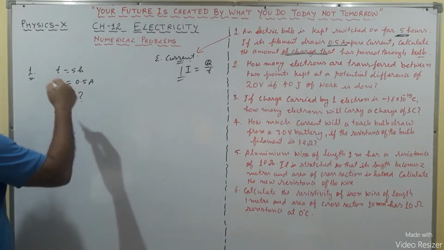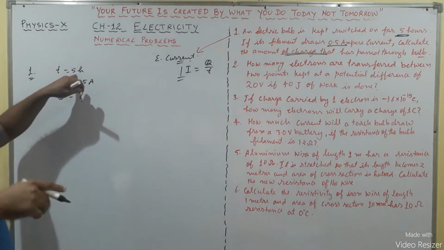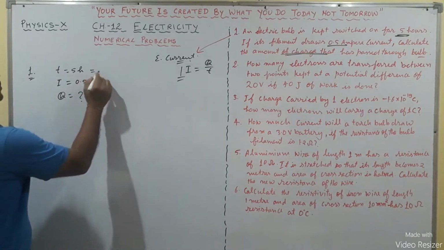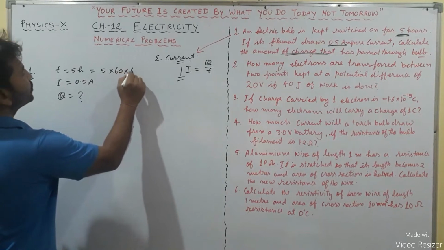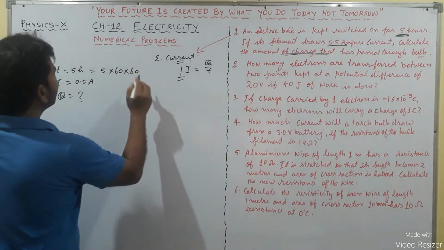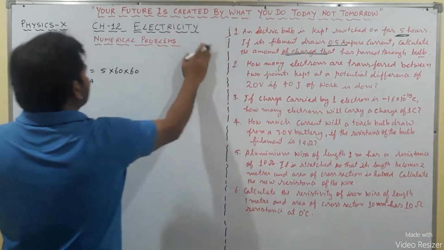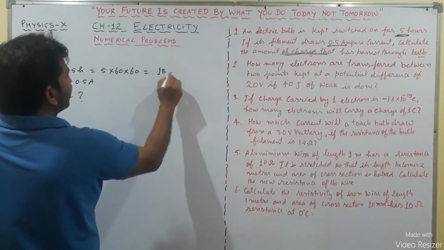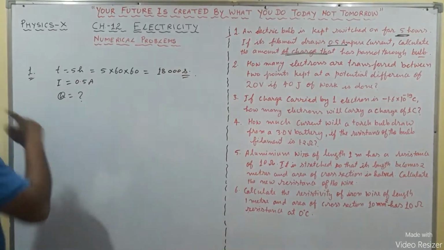First of all, we will convert the time, which is equal to 5 hours, into the SI unit, that means in seconds. So we will multiply 5 by 60 into 60. Then you will get 18,000 seconds.